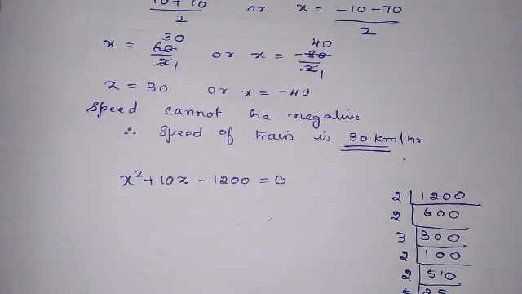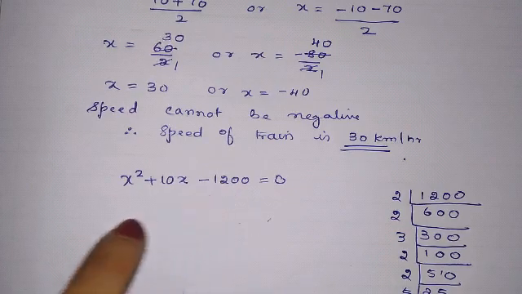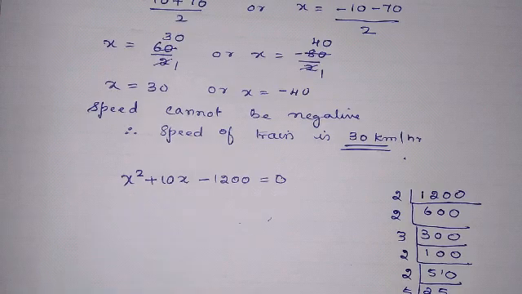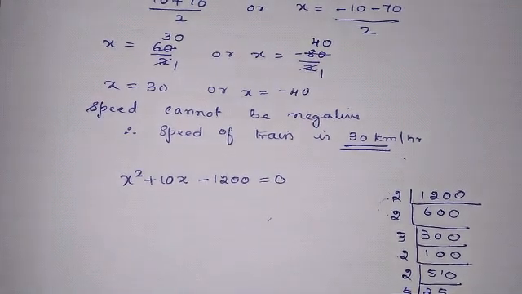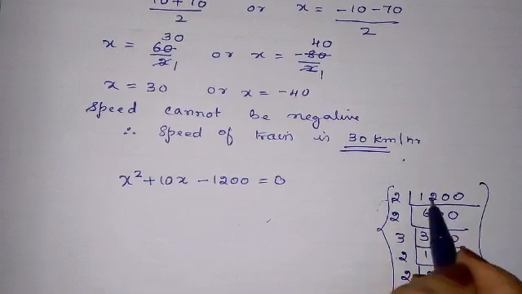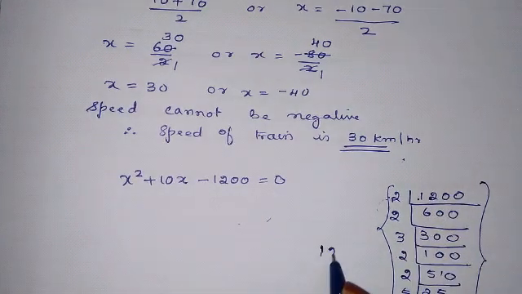Now we need to find two factors in such a way that when we multiply it should be 1200, and when we add or subtract it should be 10. By this method if we do also we can get, but here 1200 which is direct, we can see here it is just direct 1200.